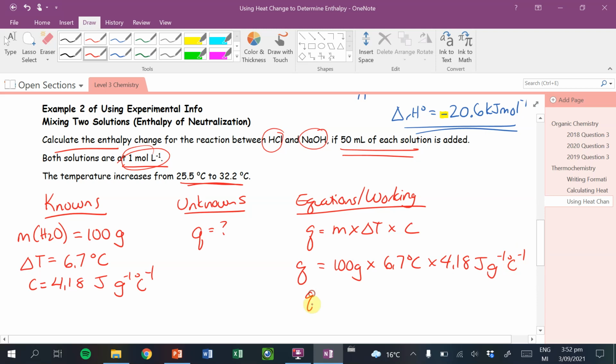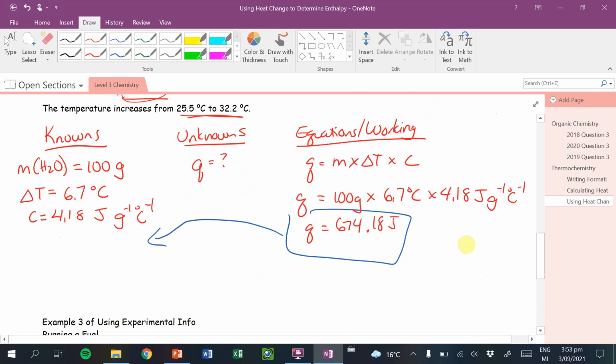And I get my Q value to equal 2800.6 joules. Now I can use this number for my second part. So I'm going to put that down in there. That's my next new information that I have figured out. Cool. All right.